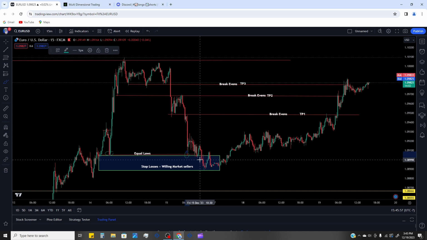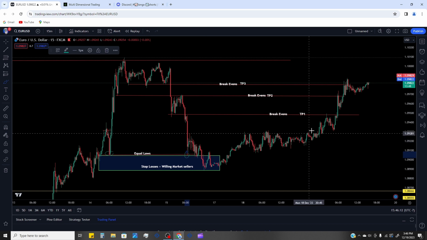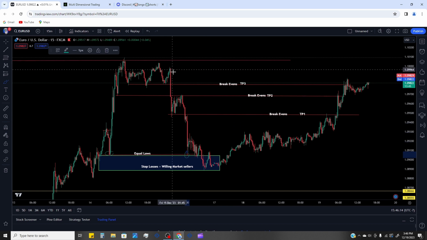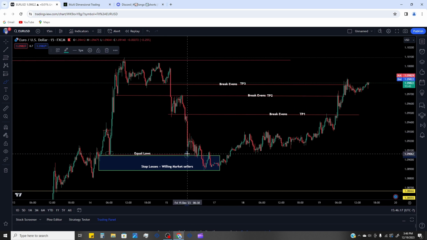Now, what we do with this information at multidimensionaltrading.com, we understand that this is where we can take our positions to go long. After everyone is out of their positions in the marketplace, it's most likely time to change directions and go the other way. It went down. Shorts are enjoying the run. People are trying to catch the dip and go long here.